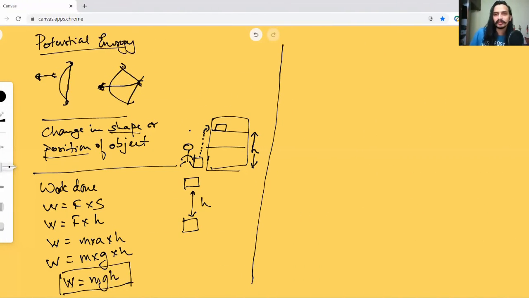Let's go with a very simple numerical. A box is placed on a 2-meter shelf from the ground.